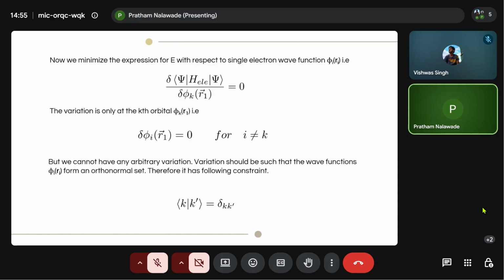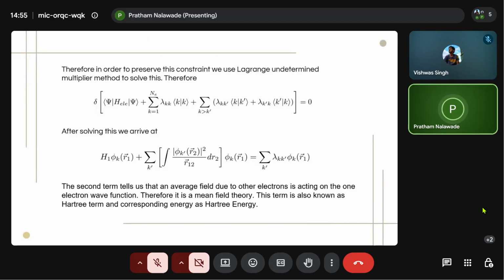But as I said, you cannot vary this however you want. You have to introduce the constraint that you are varying it, but the wave function is normalized, as well as orthogonal to the other wave functions. Using this constraint, you can solve this using the Lagrange undetermined multiplier method.